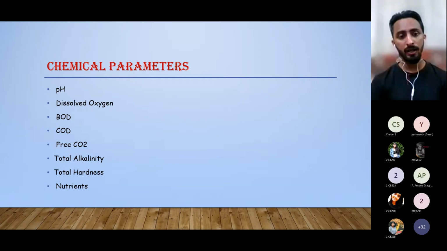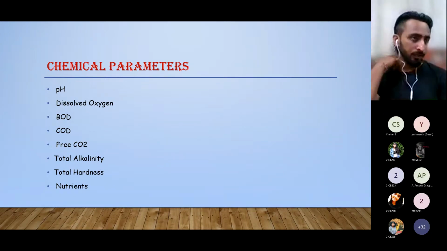Apart from that, we have total alkalinity. Total alkalinity gives the measure of the degree of alkalinity in a water body. This also uses phenolphthalein as the first indicator, and after that we use methyl orange as a second indicator during titration, and the titrant is standard H2SO4 solution.